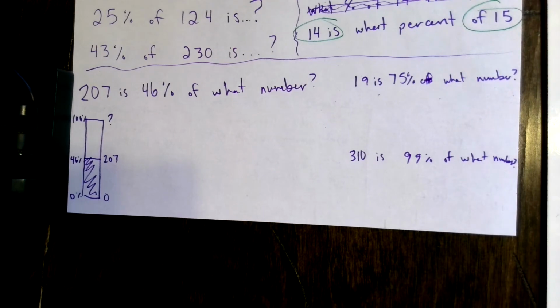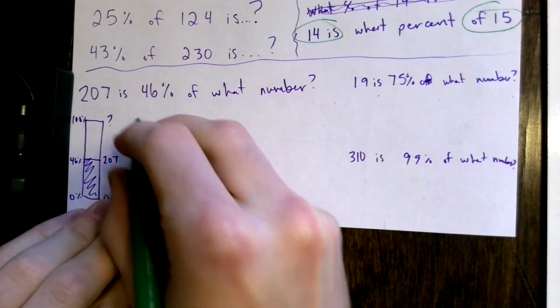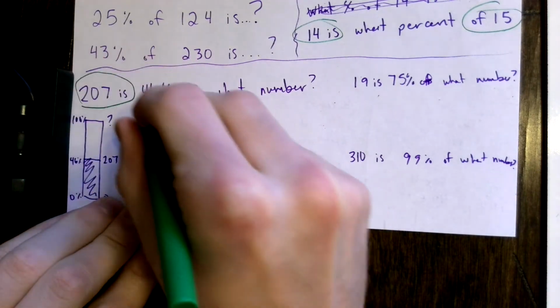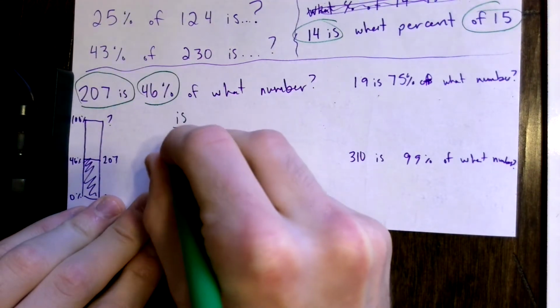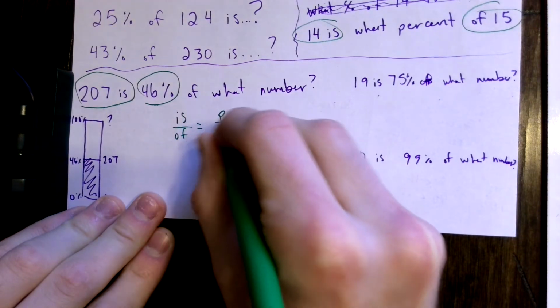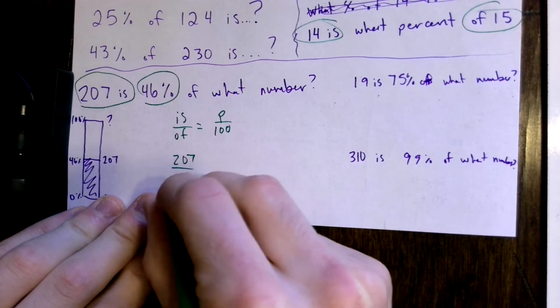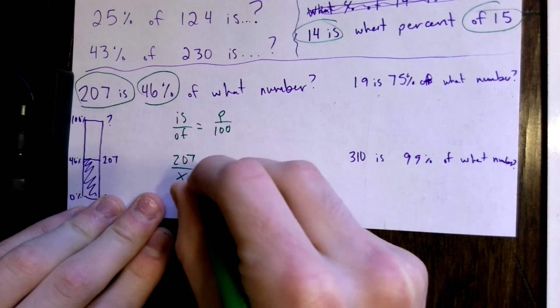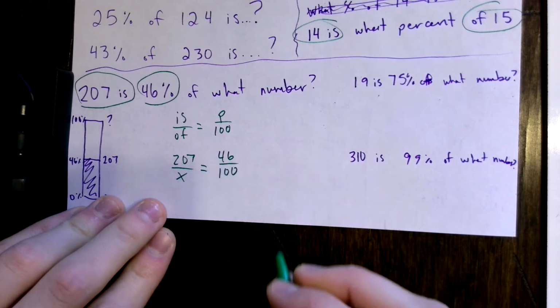They tell us 207 is 46% of what number? Okay, they gave us our 207 as the is, and we have our percentage. Let's plug it in. We know our is over our of equals p over 100. Plug them in: 207 up there. We don't know our of. We know 46 is our percent out of 100.